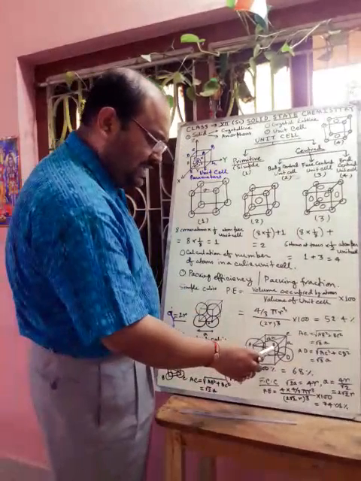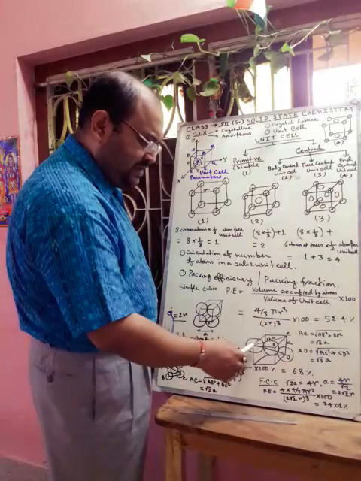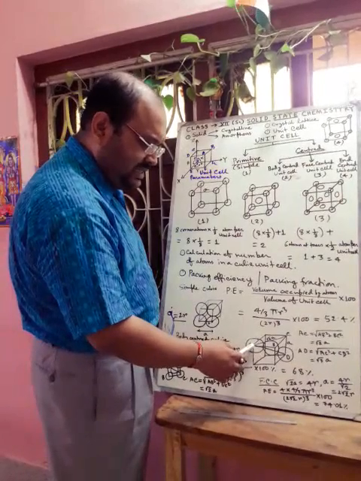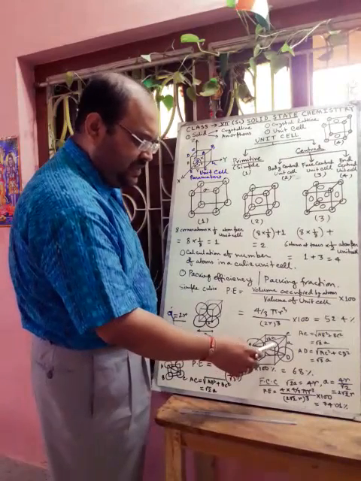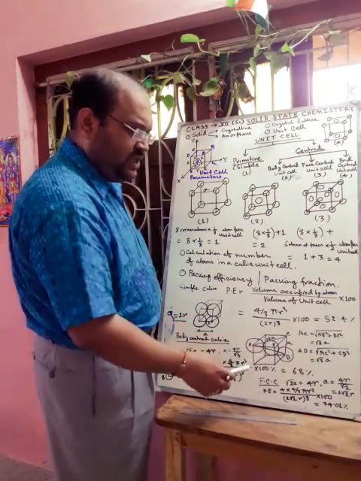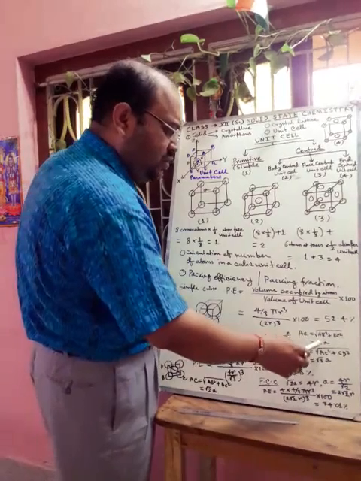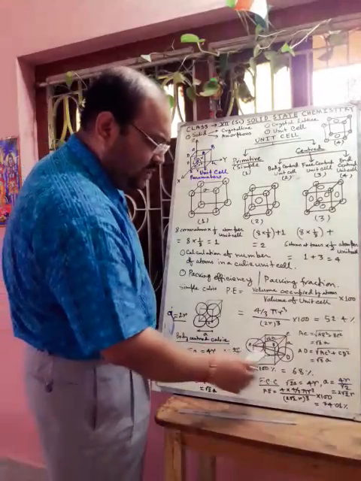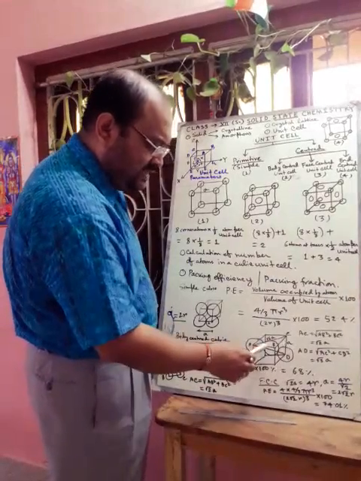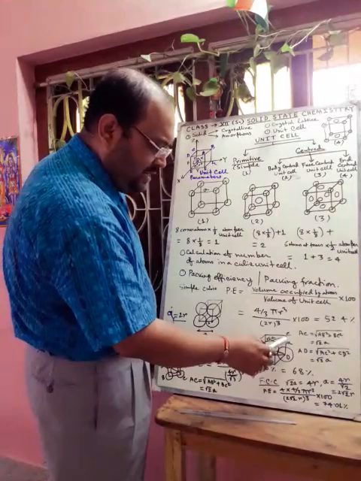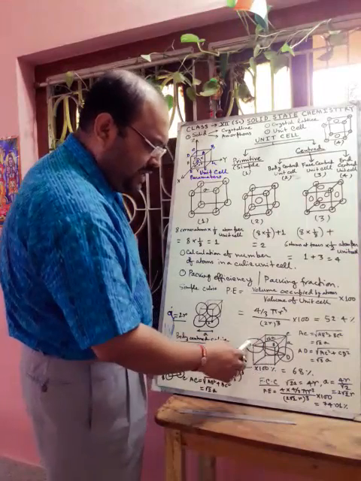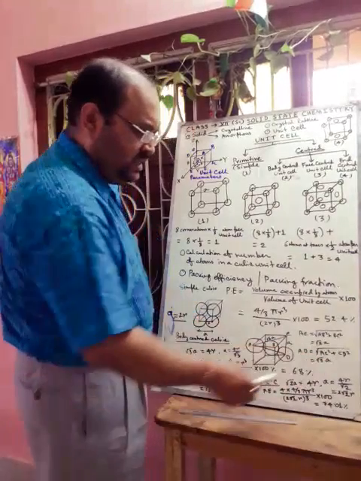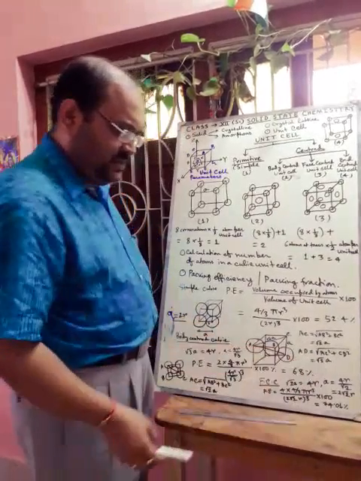We know that it is a cubic system, body centered cubic system. So here the axial length, AB and BC, is equal to a. AB is equal to a and BC is also a. So AC is equal to root 2 a, and if we calculate AD, this one is a, this AC is root 2 a and CD is a, so AD will be equal to root over AC square plus CD square, that will be equal to root 3 a.